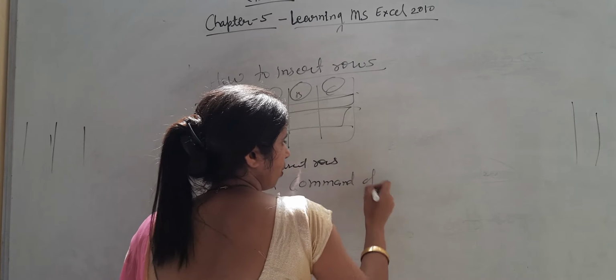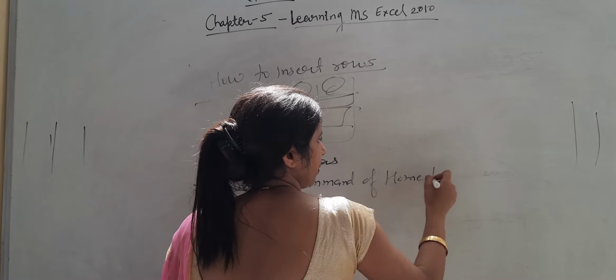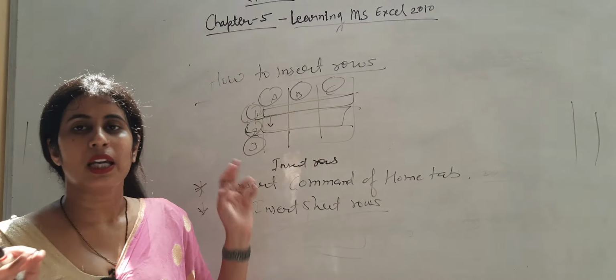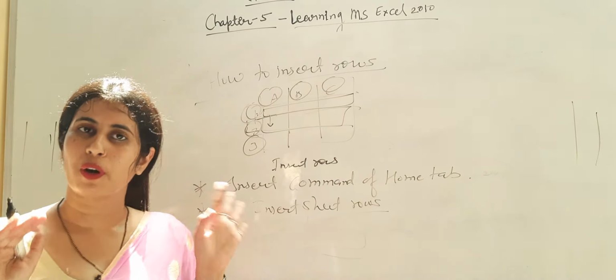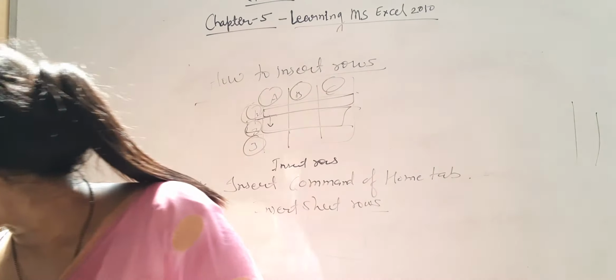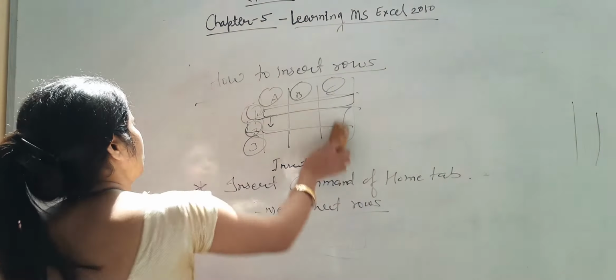At first you have to click on the Home tab, then you will see the Insert command there. In the Insert command you will find options there: Insert Sheet Rows. The place where you have placed the mouse pointer, the row will be inserted there. In this way we can insert a row.